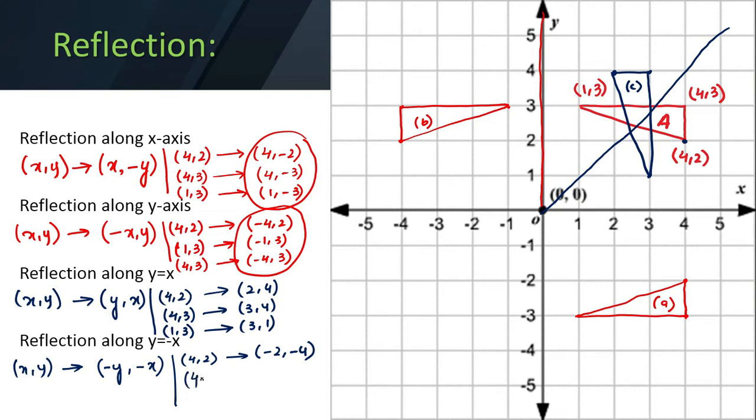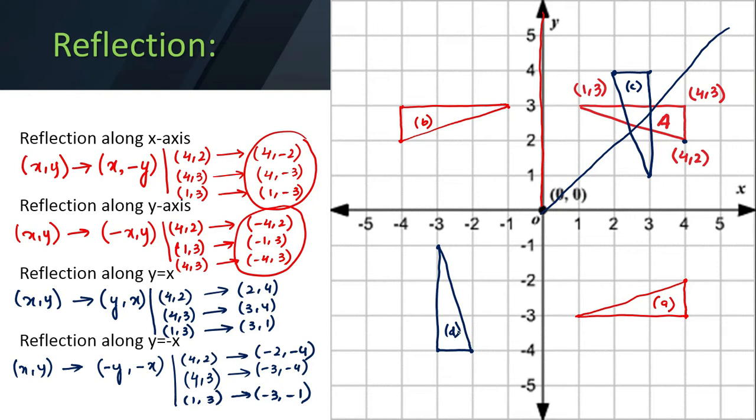Then (4, 3) will be (-3, -4). And the last, (1, 3), will be (-3, -1). Now when we mark these coordinates on the graph paper, (-2, -4), (-3, -4) and (-3, -1), and draw this image, this is a reflection along y = -x.